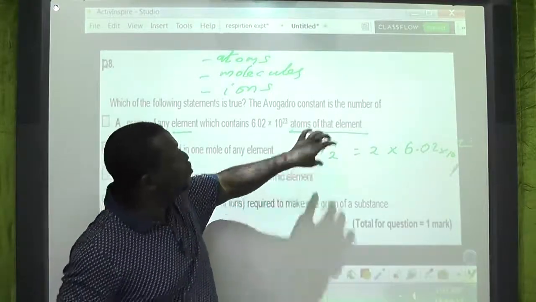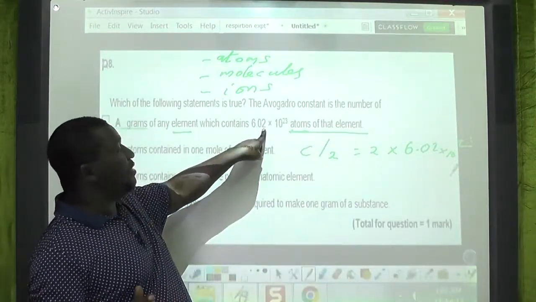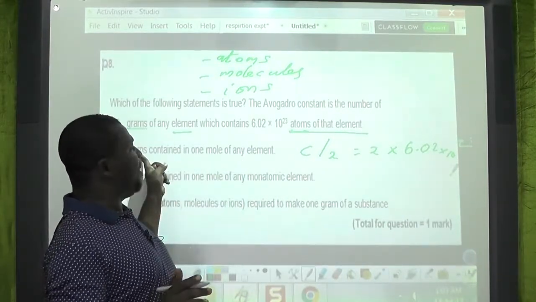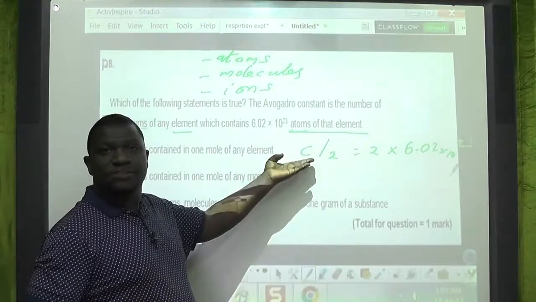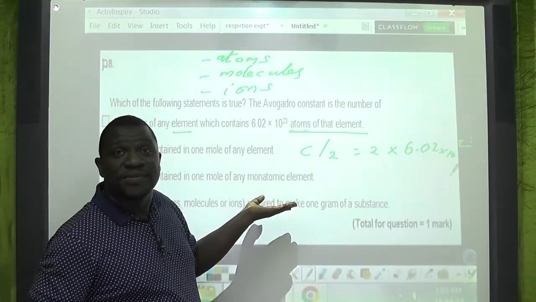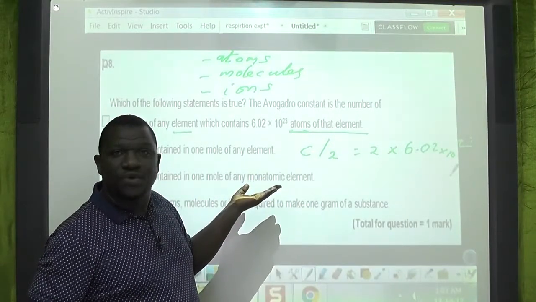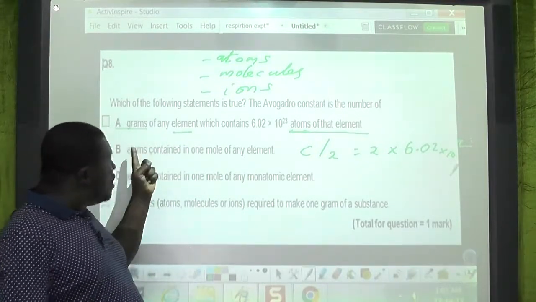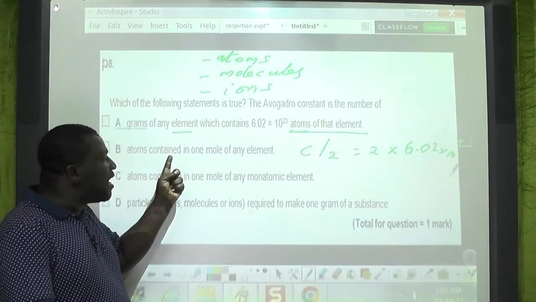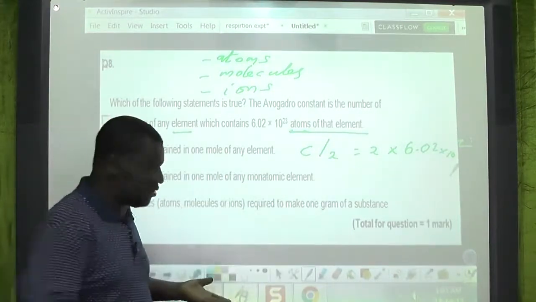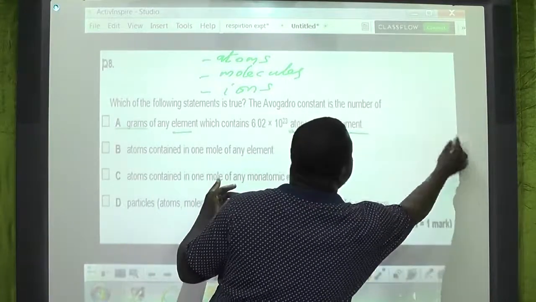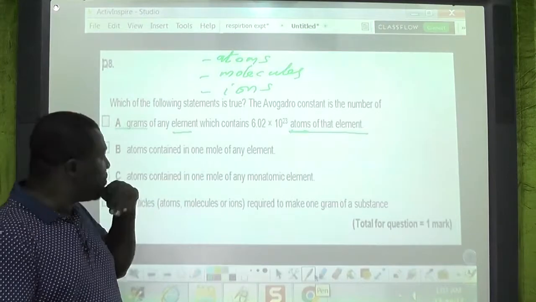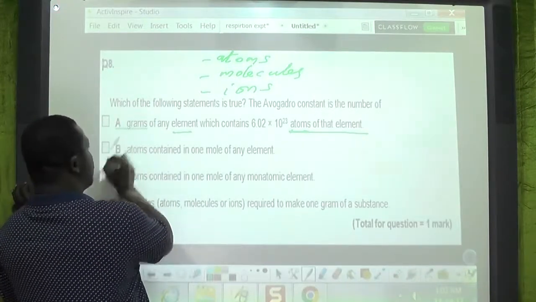So if you say atoms in 1 mole of element, it will be wrong for chlorine and for hydrogen, because they are diatomic. If you say chemical units contained in 1 mole of any element, you'll be correct, because every element comes as either a molecule or an atom. So this is also a wrong one.